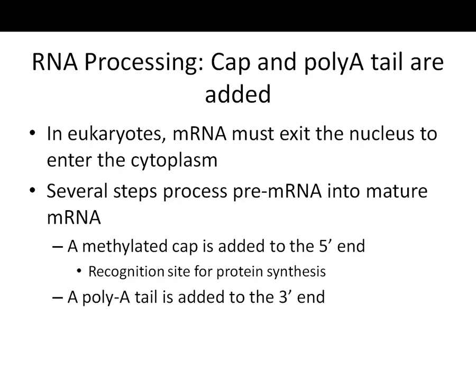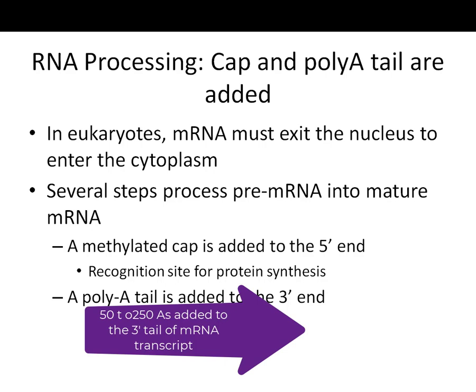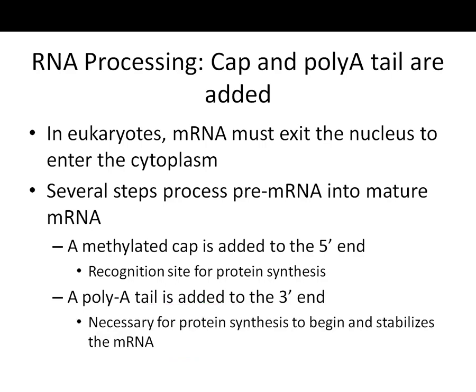And on the 3' end, a poly A tail is added. It's just a stretch of A's, and it could be anywhere from 50 to 250 A's, adenine nucleotides, added to the 3' end. This is also necessary for protein synthesis.